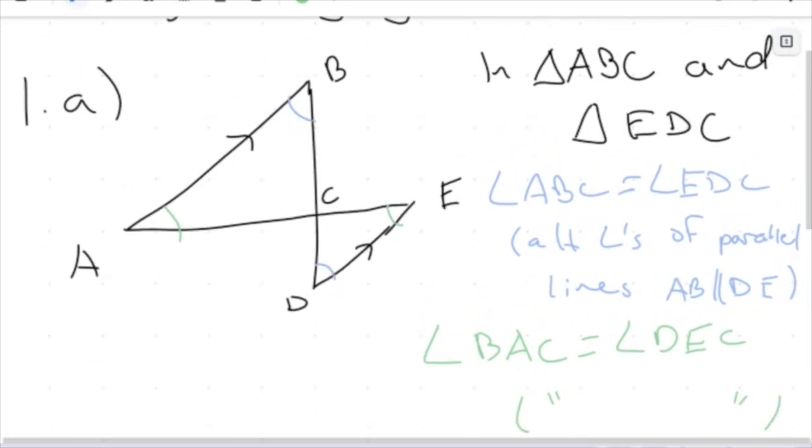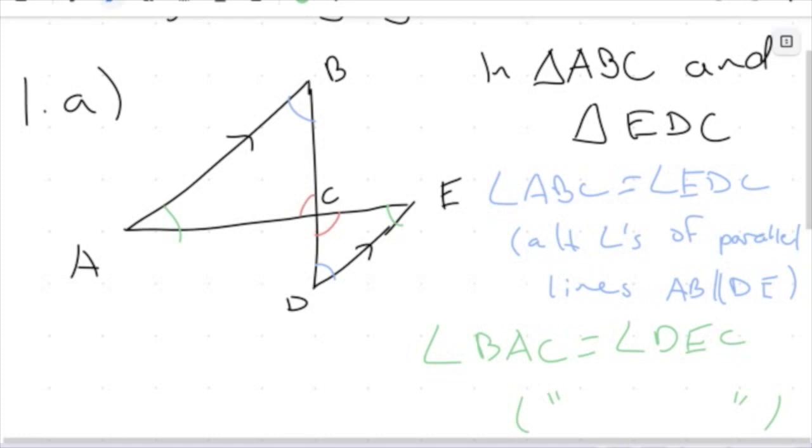Now remember, with similarity, with angles we only need to prove 2 out of the 3, because if 2 angles are equal in a triangle, because all triangles add up to the same amount of degrees, the third pair are also going to be equal. But you can see you didn't have to use both alternate angles. You could have also said that this is equal to that because they're vertically opposite angles. So we could have gone with that as well.